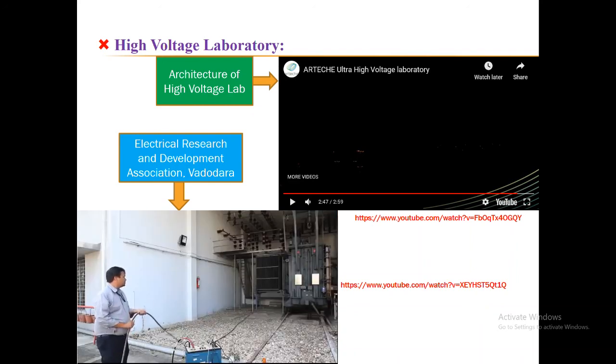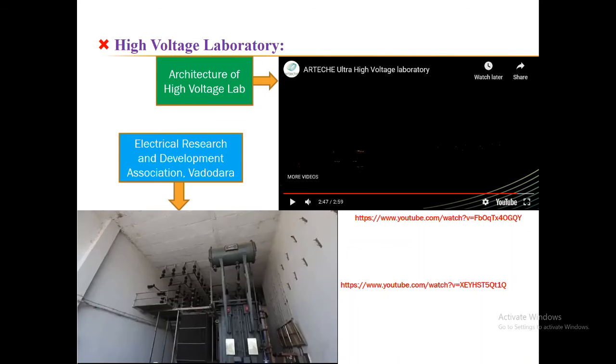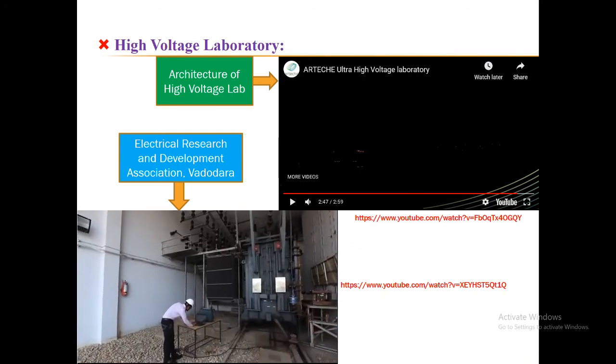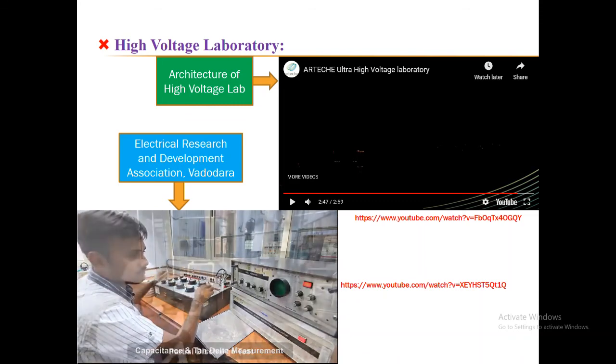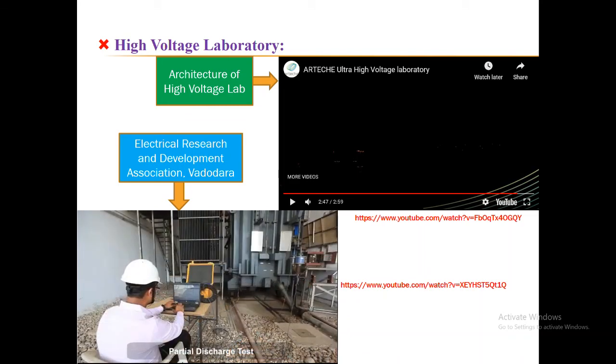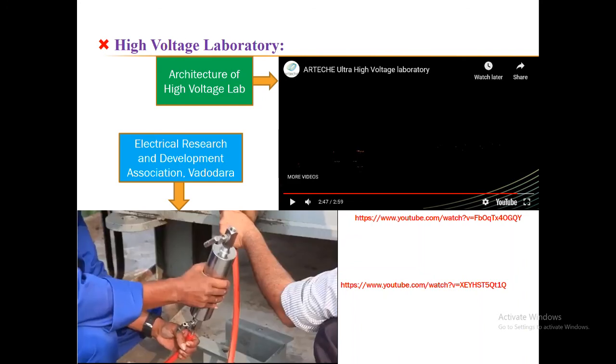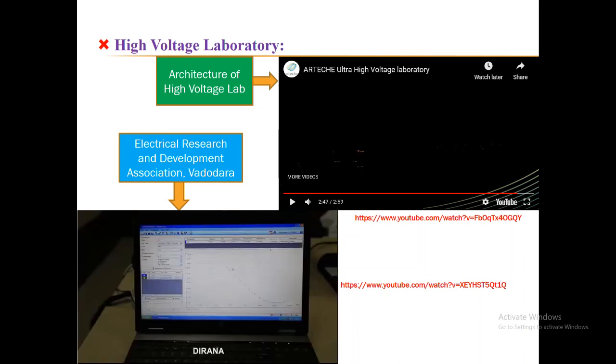ERDA has complete infrastructure and competence to evaluate the health index of transformers in service by conducting capacitance and tan delta measurements, partial discharge measurements, SFRA, DGA, and dielectric response analysis.